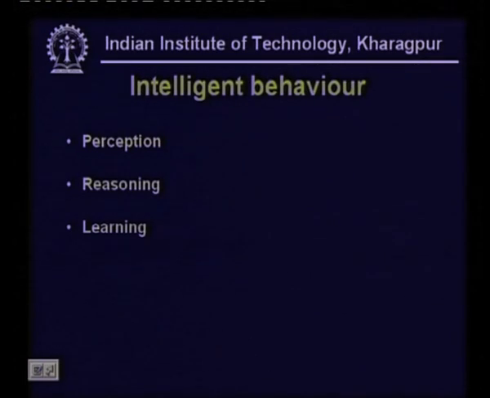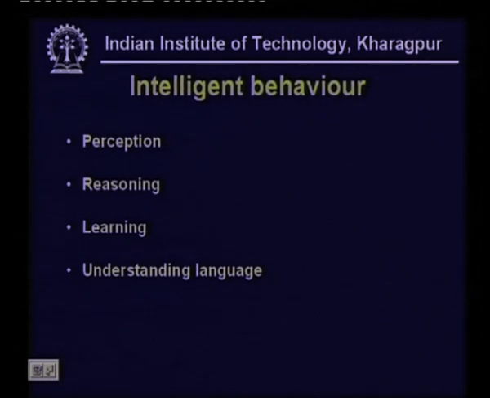Let's look at some of the basic intelligent behavior in human beings. Perception, that is the ability to see, hear, and sense information. Reasoning with the information that we have. Learning for new situations.